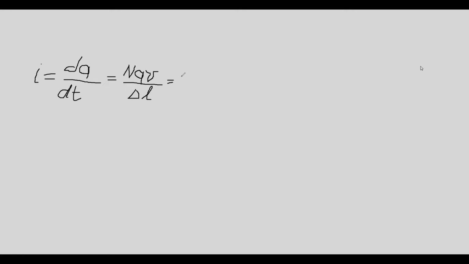So we have the current I0 and the sine function, sine of omega t, multiplied by the time.